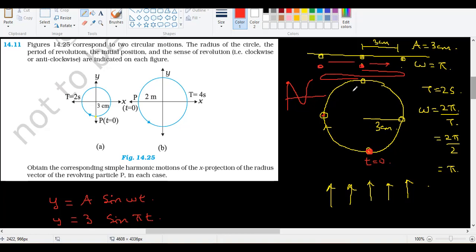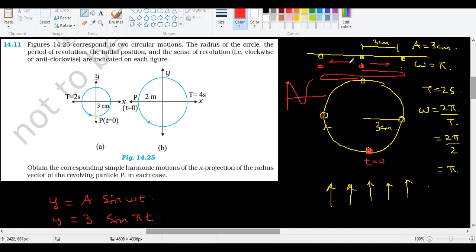Towards left or right? Left. Mithun, tell me, towards left, is it positive or negative? Negative. Which means you know that when you start from the mean position, you should take sine.